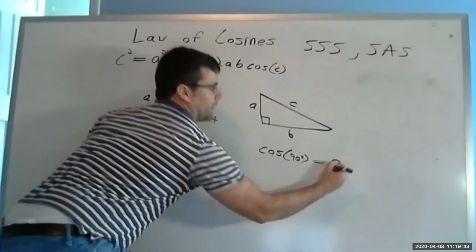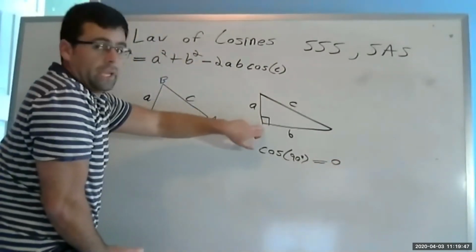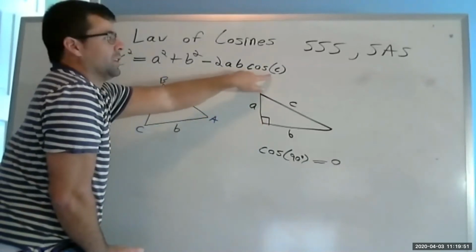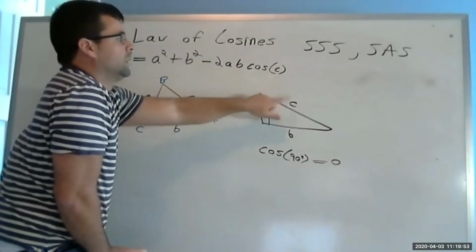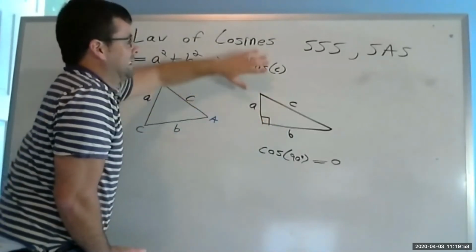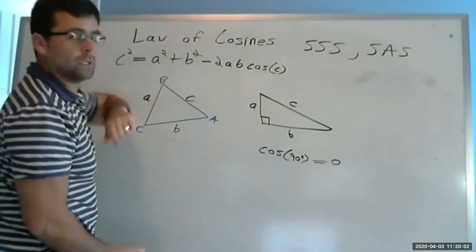Exactly. So if you have a right triangle and the side that you're looking for is this one, then this whole piece goes away and you're left with c squared equals a squared plus b squared.